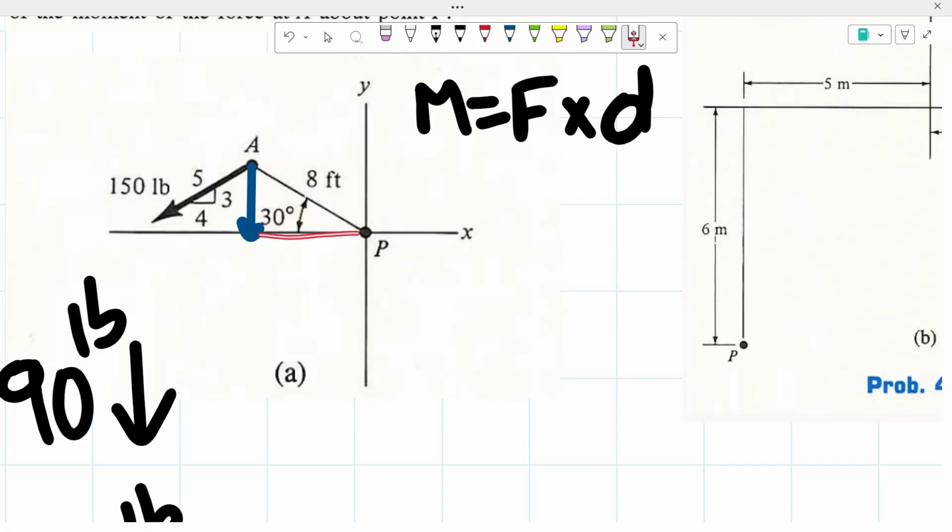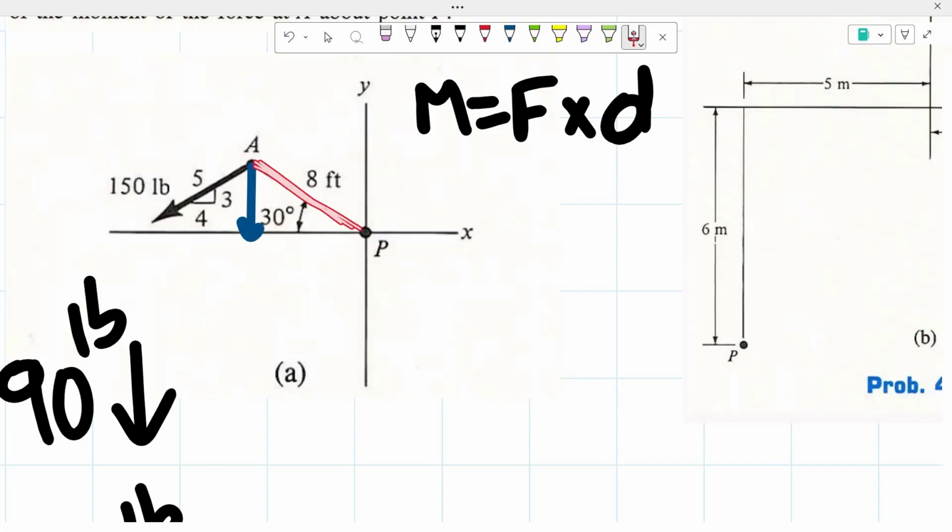To find the distance from this force to here, we've got to find this side of the triangle. To find that side, we are going to be using cosine. Why cosine? Because with regards to this angle, we are trying to find the adjacent side of that triangle, and what's given to us is the hypotenuse.